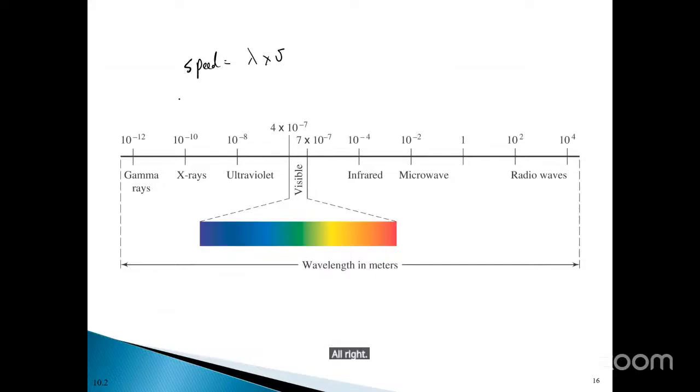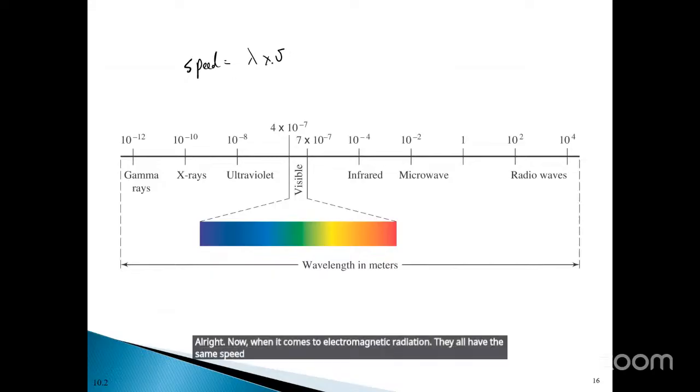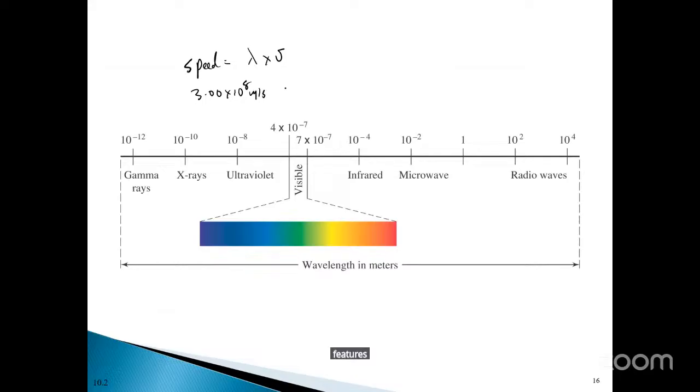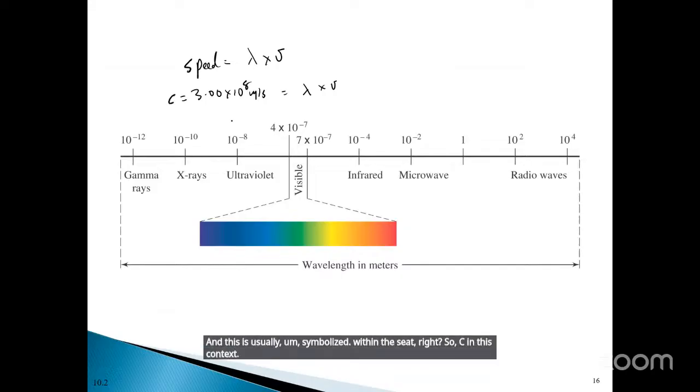Now, when it comes to electromagnetic radiation, they all have the same speed, which is 3.00 times 10 to the 8 meters per second. That is true for every form of electromagnetic radiation. And this is usually symbolized with the letter C, right? So C in this context is the speed of all forms of radiation, right?